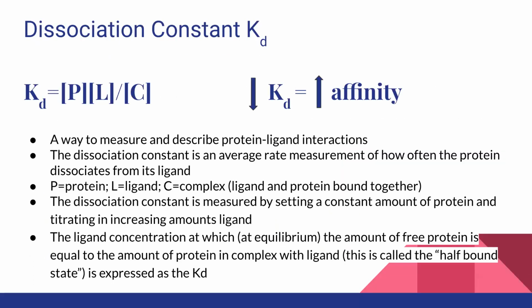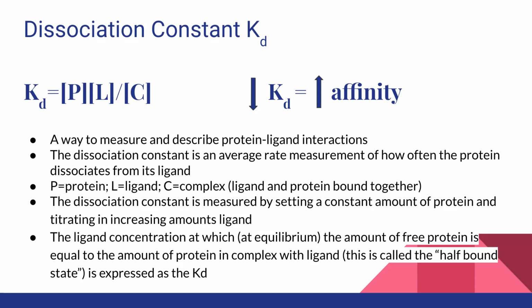Anything else? Okay, KDs. The take-home message for KDs is the lower the KD, the higher the affinity. KD is a dissociation constant. It's how often a protein is going to dissociate from its ligand. The definition of a KD is the concentration of ligand when protein and protein-ligand complex are equal.